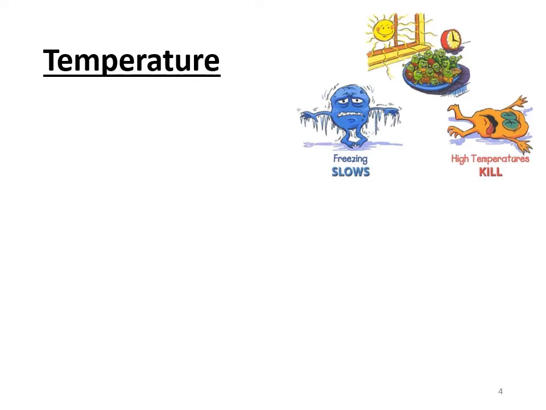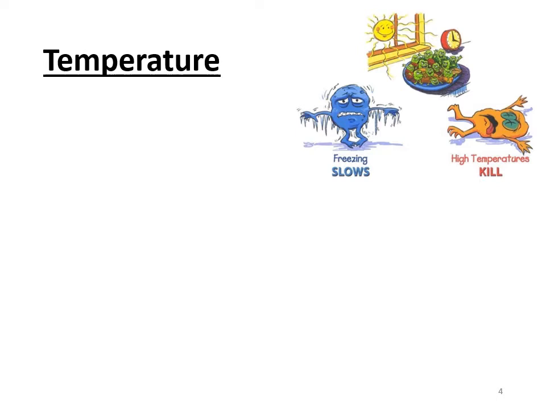Now, when you think of that, think of what happens if you put food below temperature, think of things like freezing. So very cold temperature stops growth. Whereas if a temperature is above the maximum, what does that mean? Well, very hot temperatures are going to destroy.